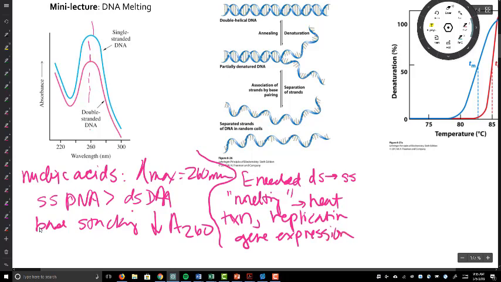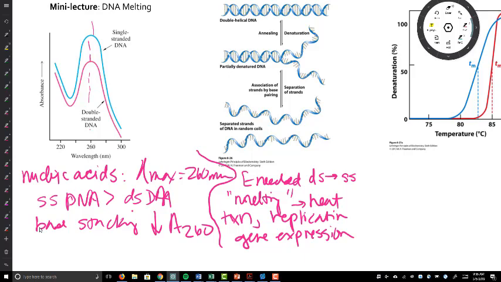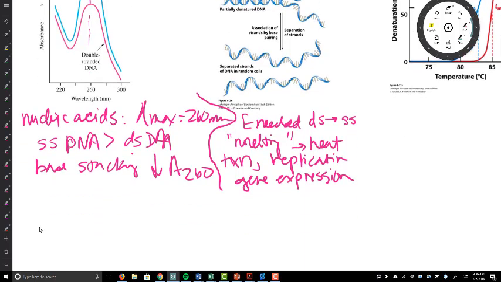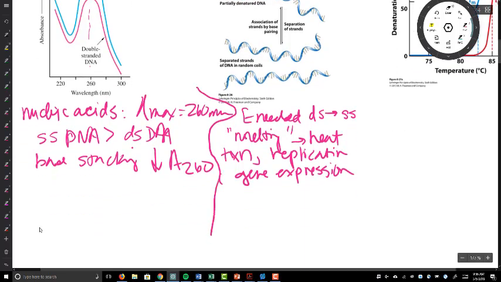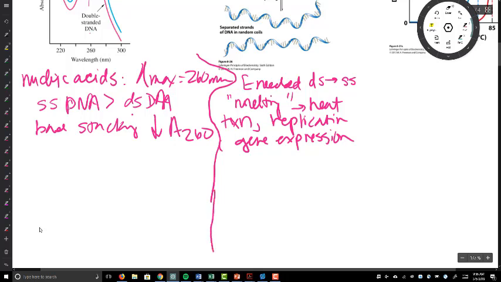And then practically speaking, for those of you who are definitionally minded, we can think of this as an indicator of the stability of the nucleic acid. So the melting temperature is the temperature at which DNA is 50% single-stranded and 50% double-stranded.